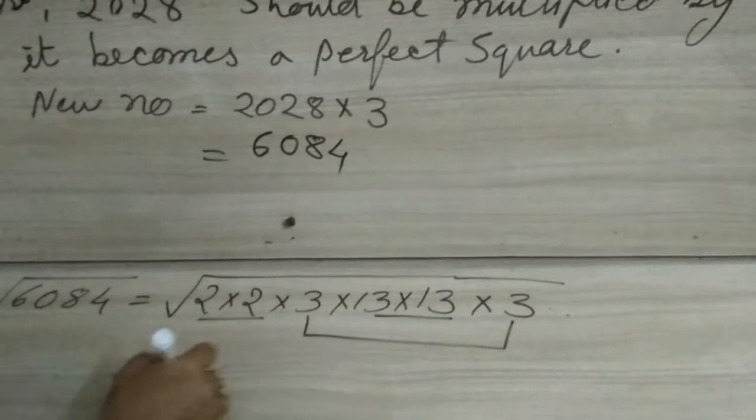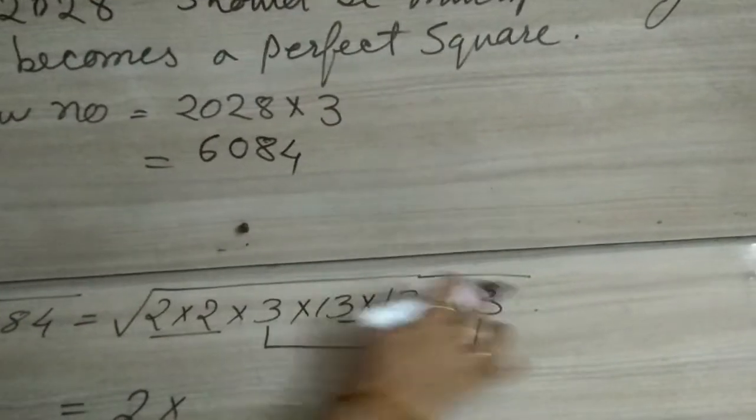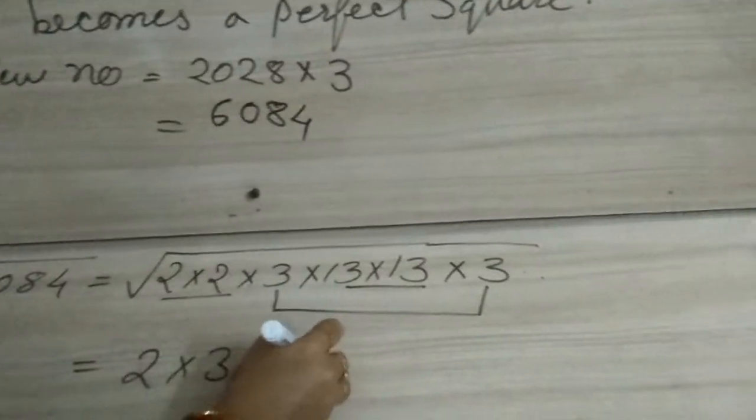So I'll write 2, I'll write 1 for this 2 3, I'll write 1 3 and I'll write 13.